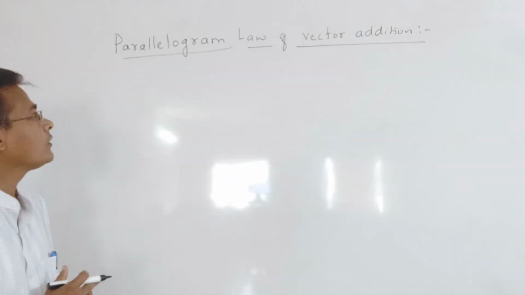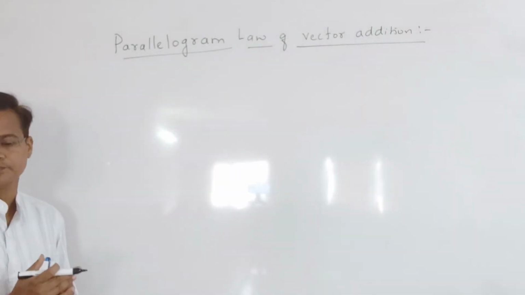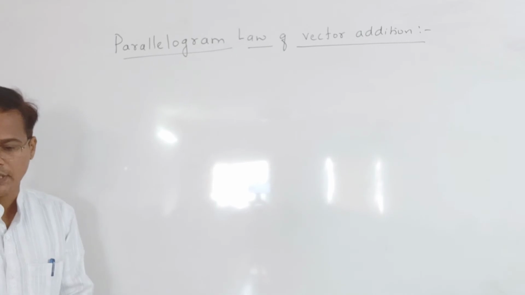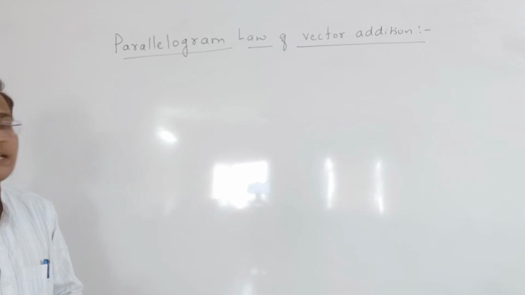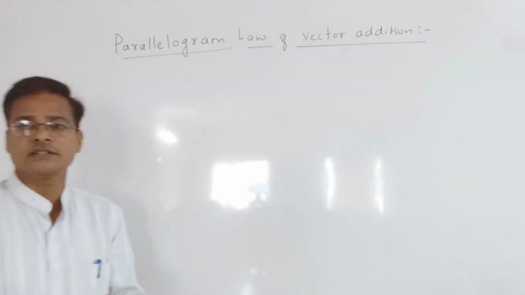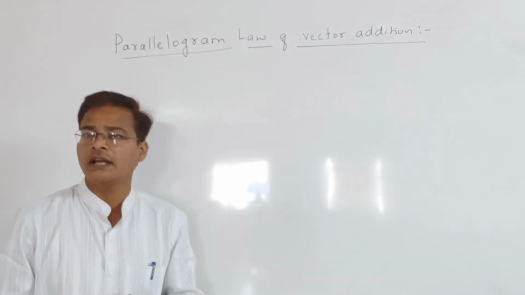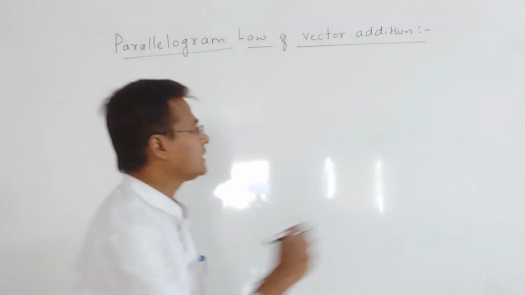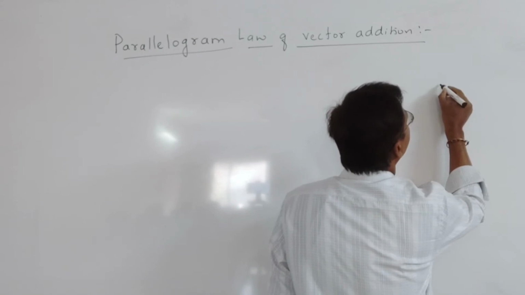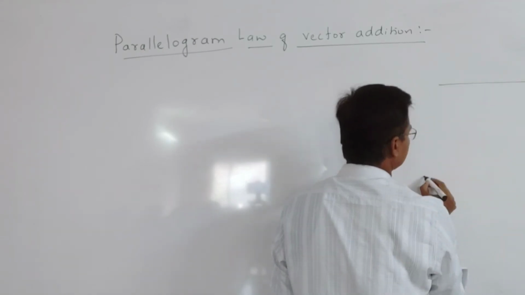Now we come to the parallelogram law of vector addition. This is also a very important law. Just as we understood the triangle law of vector addition, similarly we can understand the parallelogram law. Here we are going to consider a parallelogram. You know what a parallelogram means?